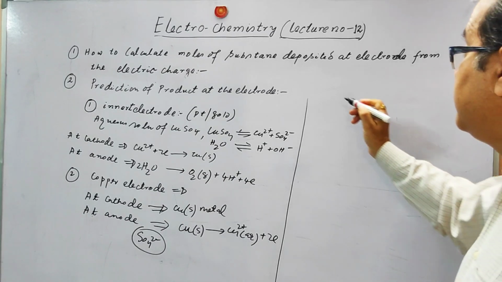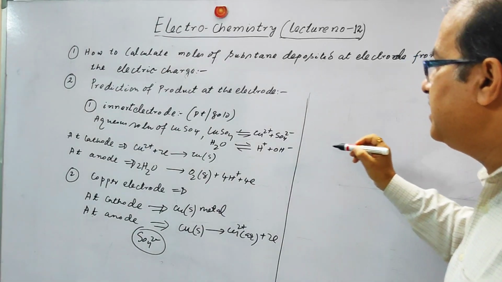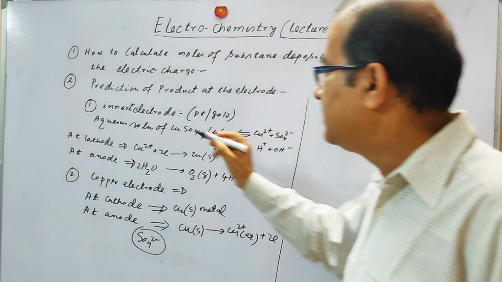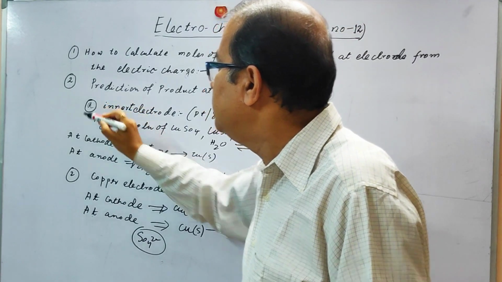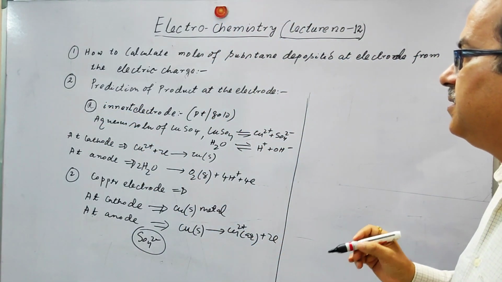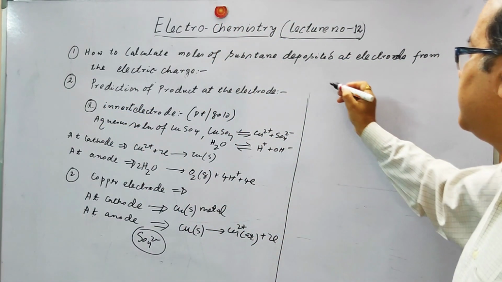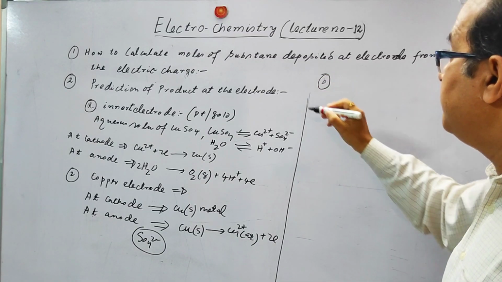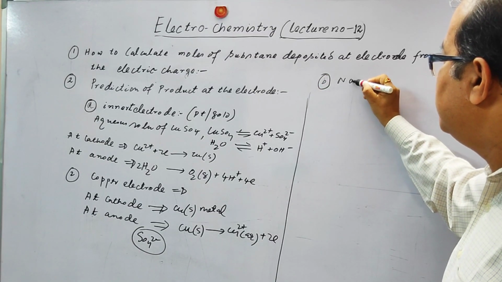Second thing is the nature of the electrolytes. First we understood the impact of the inert electrode, and second we discuss, which is again important, the nature of electrolytes.